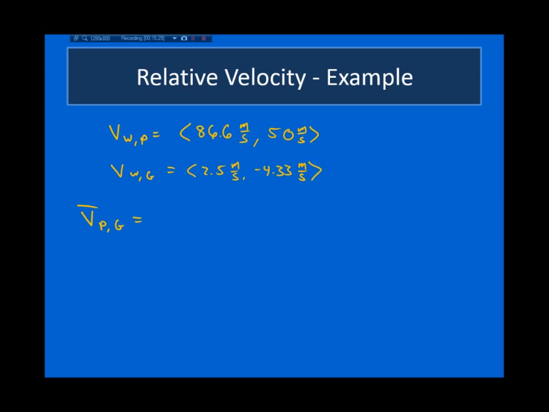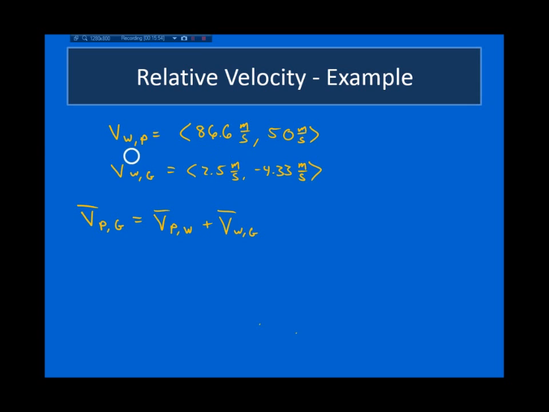So we know from our equations, this is the velocity of the plane with respect to the air, or the wind, I should say, plus the velocity of the wind with respect to the ground. Now I know the velocity of the wind with respect to the ground, so I could plug this number into here, but I don't know the velocity of the plane with respect to the wind.